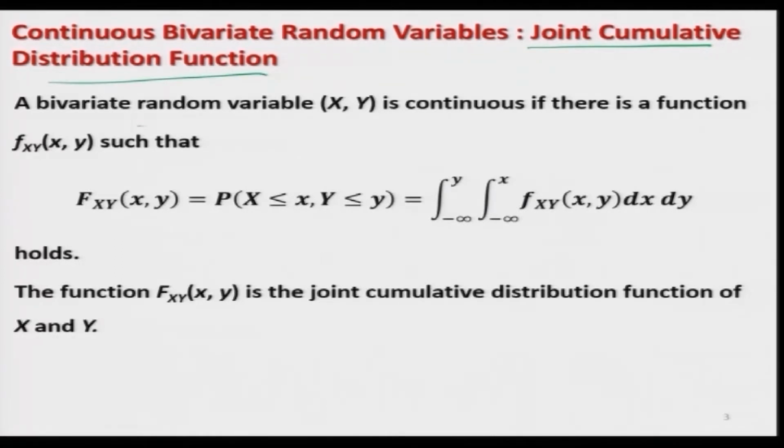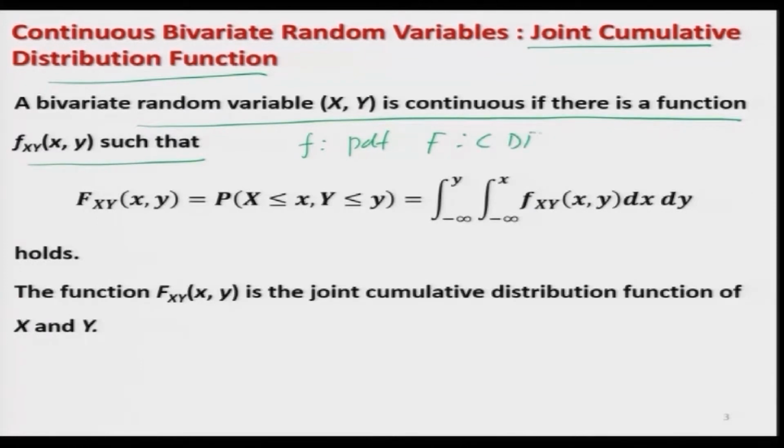So, a bivariate random variable (X, Y) is continuous if there is a function f(x, y) such that, you have to keep in mind that we had earlier denoted the PDF by small f and the CDF by capital F, right. So, the same symbol will continue here also.